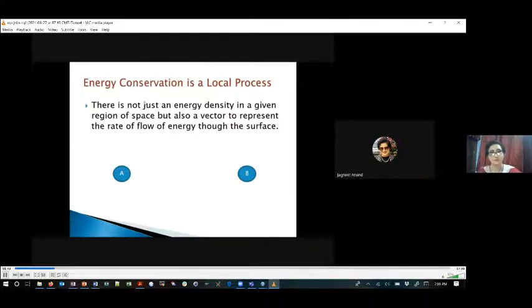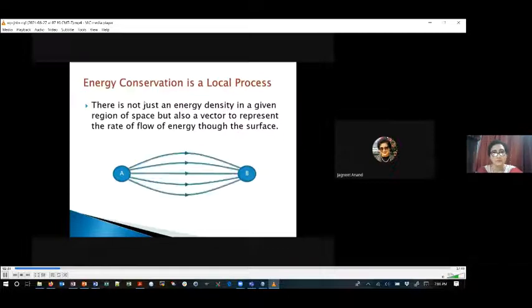So it is not just an energy density in a given region of space, but also a vector to represent the rate of flow of energy through a surface. For example, if there is a light source which is radiating, say at A, then the light energy is moving out from the source.